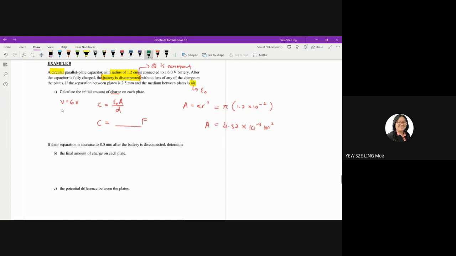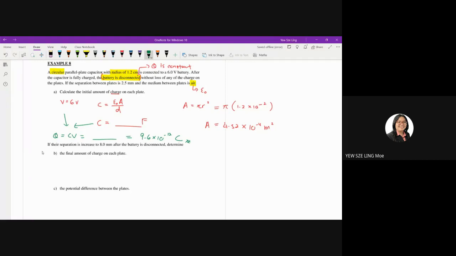From here you can determine Q. Q equals CV. Plug the values into the equation and you should obtain 9.6 times 10 to the power of negative 12 coulomb. That is the final answer.